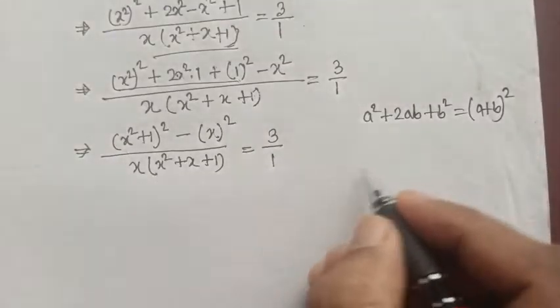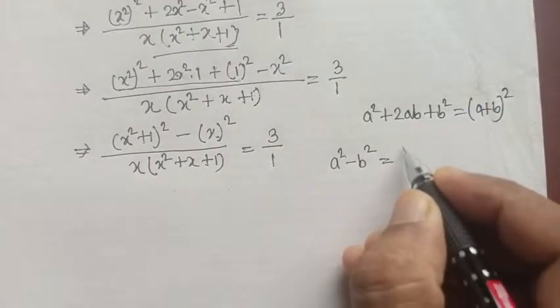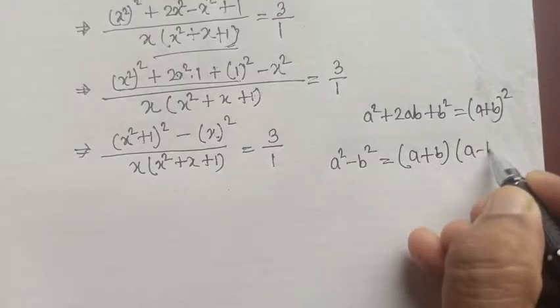Now we know the formula a square minus b square equals a plus b into a minus b.